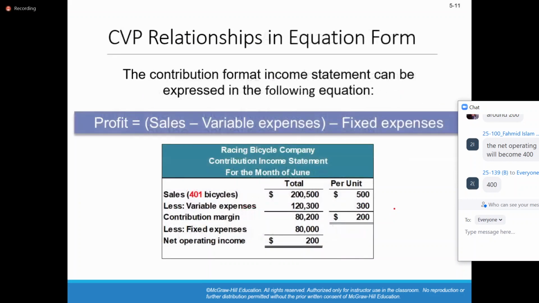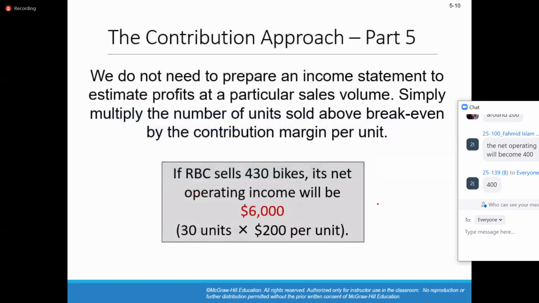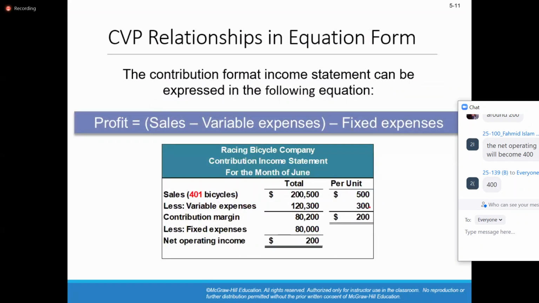So this is a kind of manual approach to find what profit or net operating income will be available. But we have people who do not like this kind of lengthier approach. They want to speak the way a mathematician speaks, using algebraic formulation.